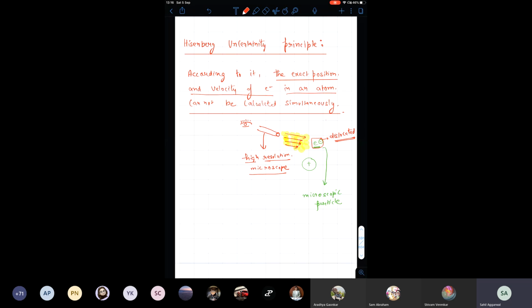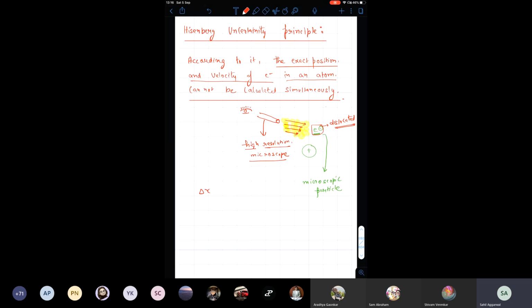So all the time there will be some error in the position and the velocity of the electron. If you use the microscope, then one thing will become certain, the other will become uncertain. That is why you cannot predict the exact position and the momentum of the electron simultaneously.